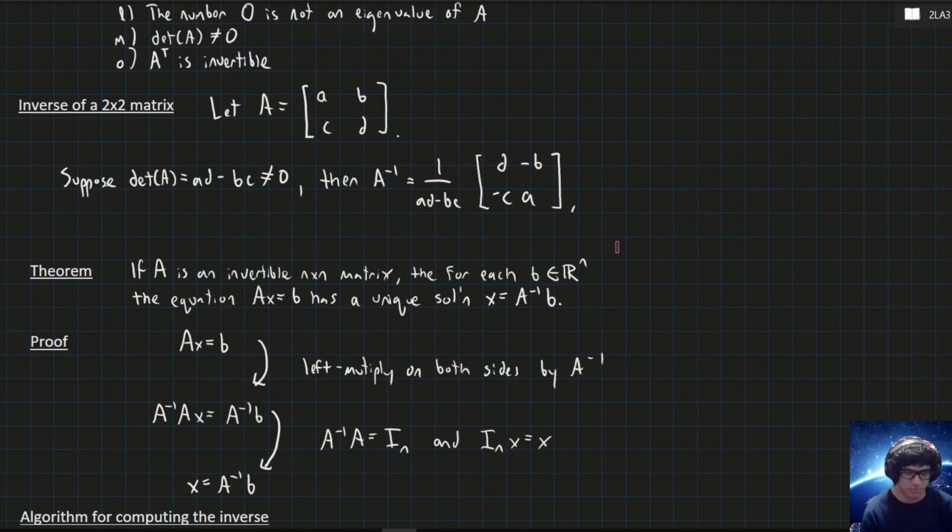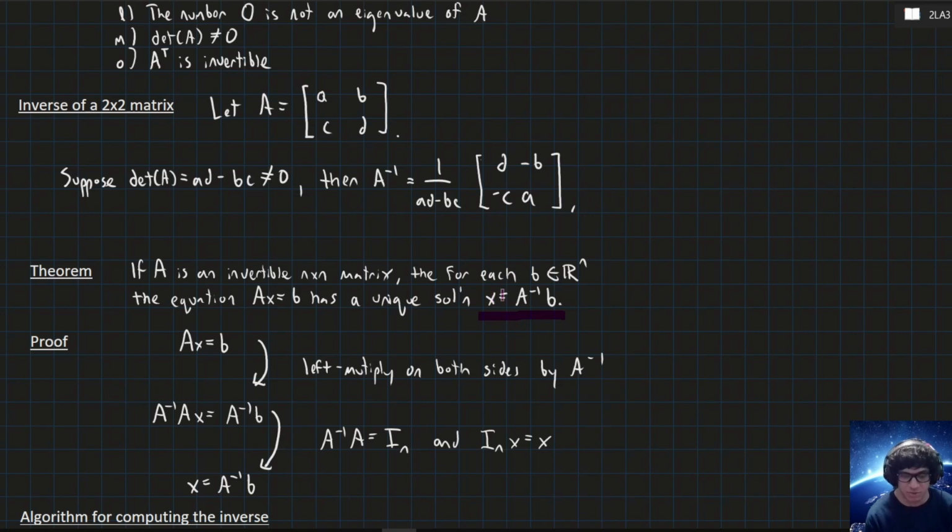Okay, so let's assume A is an invertible n by n matrix, and think about the equation AX equals B. For each B in Rn, we have a unique solution that has this formula to it.